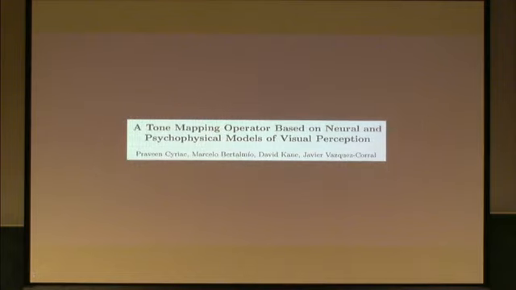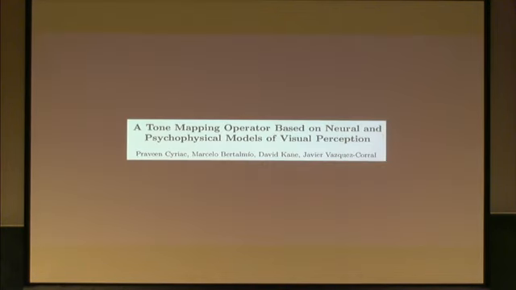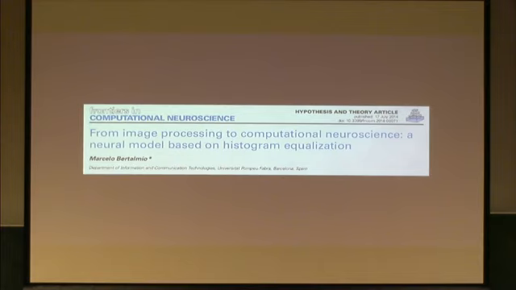Okay, with this couple of developments I just mentioned, we recently proposed a new tone mapping operator, which also has two stages like the one I presented before. The first stage of this operator is a gamma transform, which flattens the histogram the most. And the second stage is this new equation that allows us to reproduce visual induction phenomena.